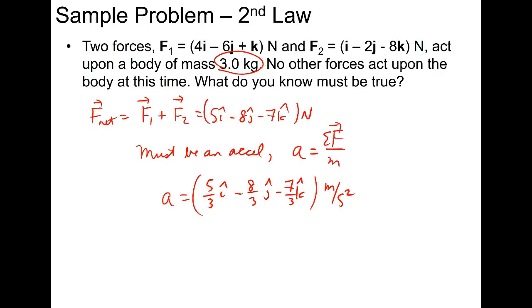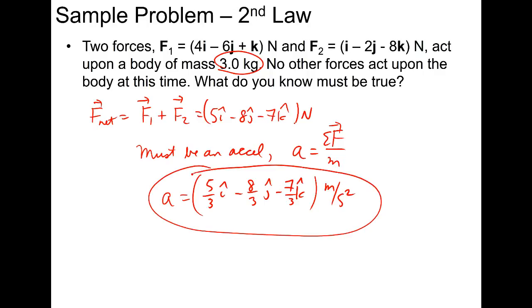Something to point out here is that this is the exact same direction as the force, because mass is a scalar. It doesn't change the direction, and it's always positive. Therefore acceleration and the net force are in the same direction. And this is very important to remember.